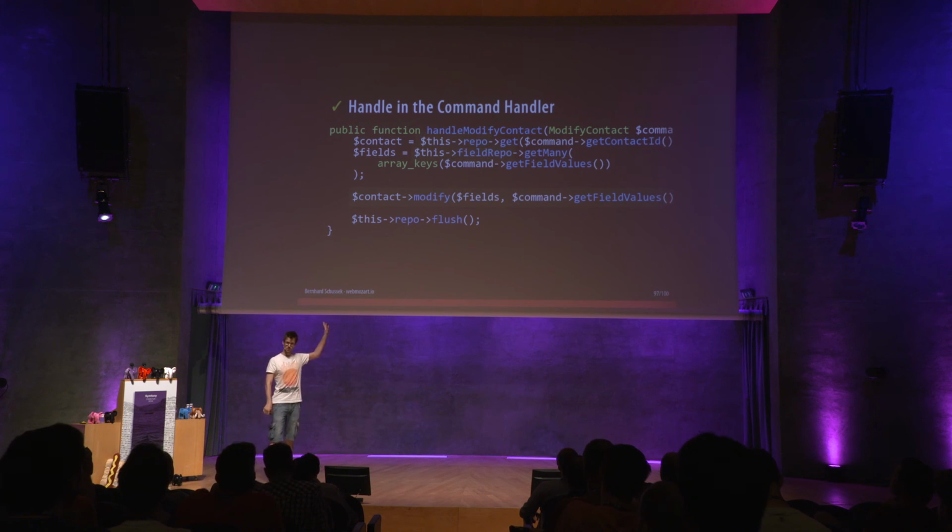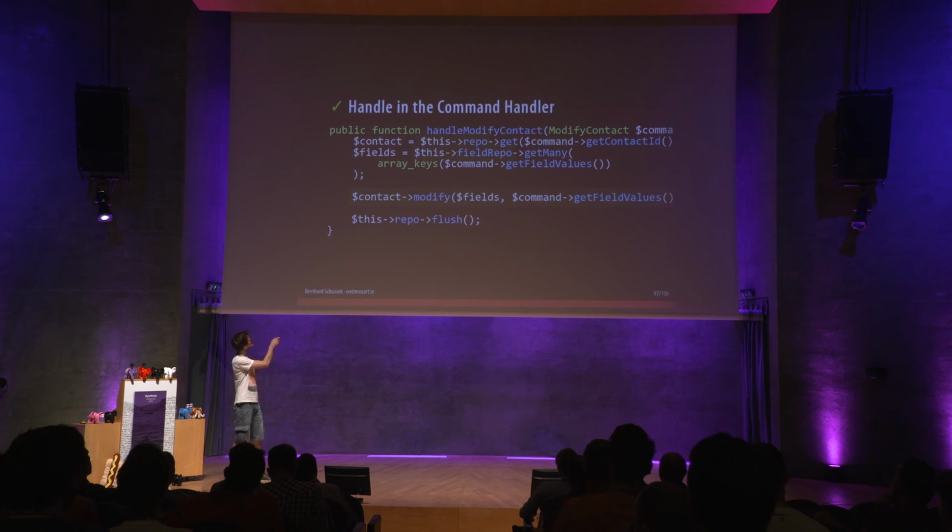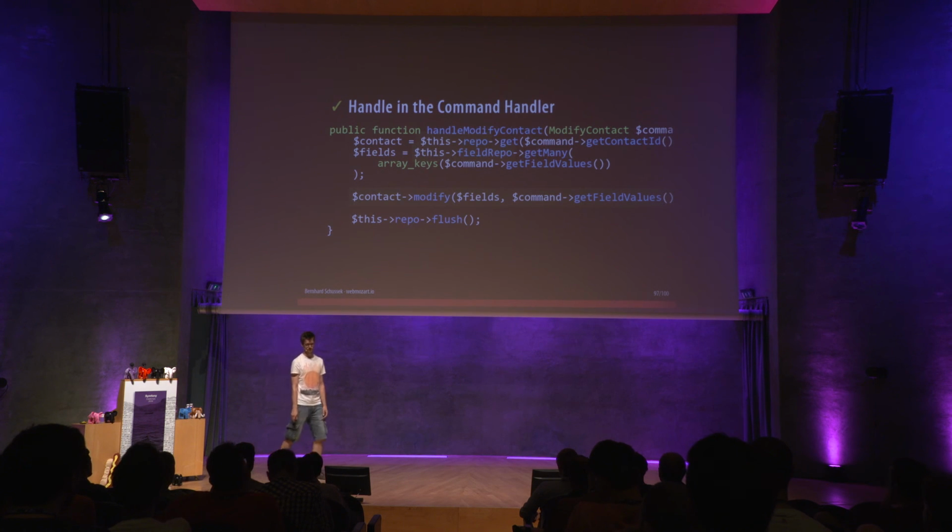So remember, this is the use case that we had before, where a contact can have a variable set of fields that is defined by the user of the application. And then once the fields and the contact or the field definitions and the contact are selected, we can call modify on the contact with the field definitions and the new values. And in the end, the command handler calls flush to flush the contact back to the database or data store.